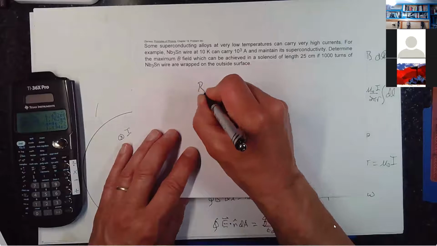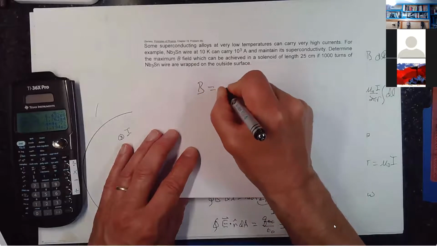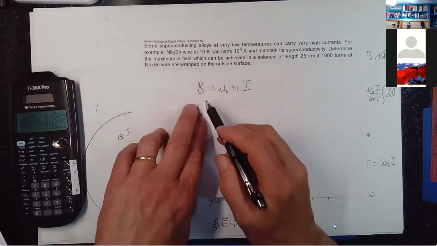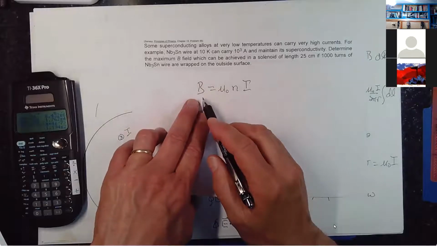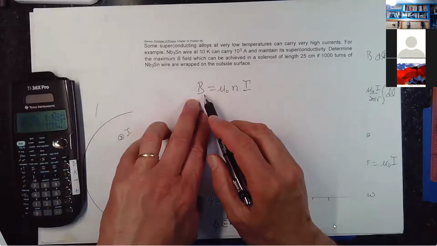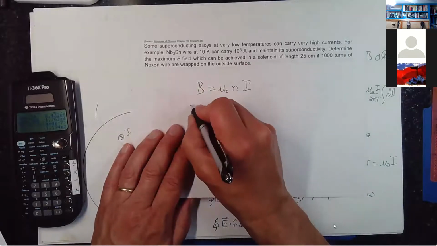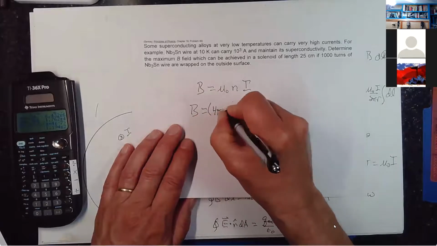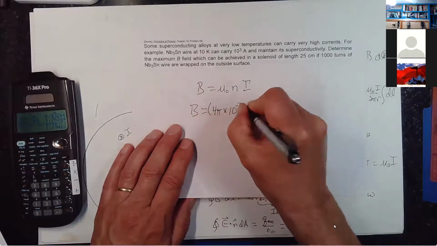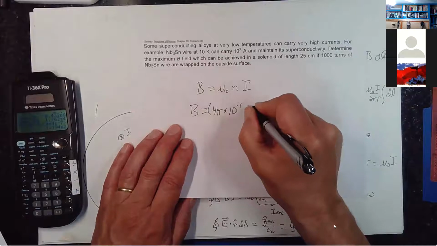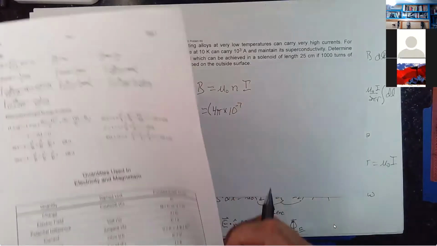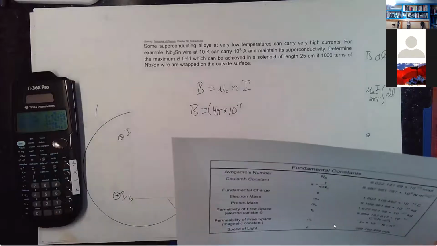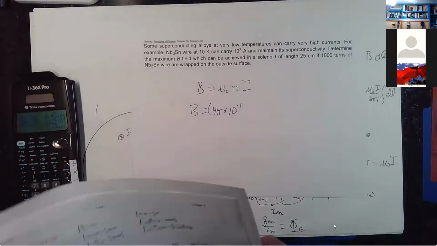Okay, so B is going to equal mu naught N i here. And this could be a hefty magnetic field. We'll see. 4 pi times 10 to the minus 7th. I forgot it again, for mu naught, newtons per amp squared.